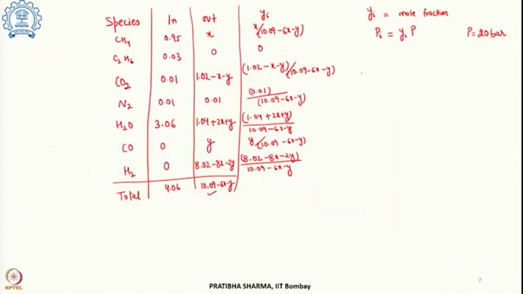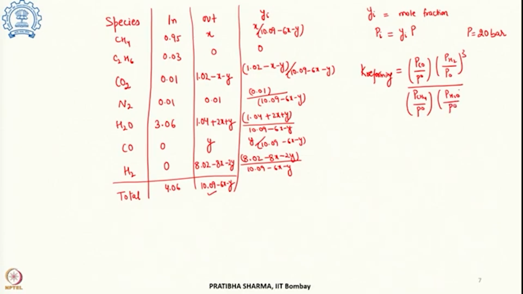Now, if we substitute for K reforming, the equilibrium constant for the reforming, where we have just now seen it is the ratio of the partial pressures for CO, for hydrogen raised to the power 3, similarly for methane on the reactant side, the 2 reactants, methane and steam.